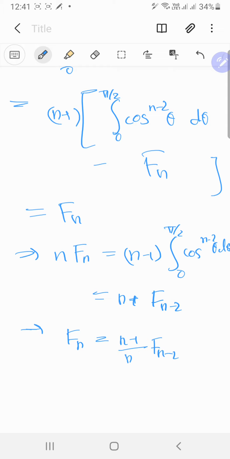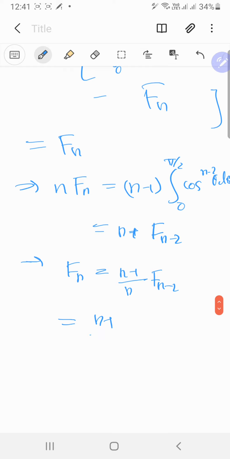But I can write f of n minus 2 the same way, using the property we just built: consider n minus 2 instead of n, and n minus 4 instead of n minus 2, with the same equation.